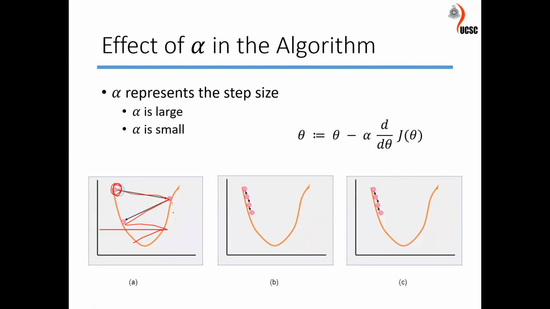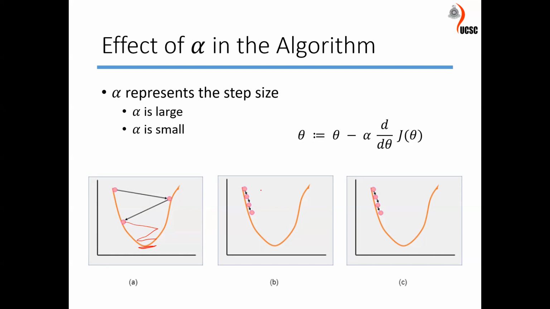At one point, theta was here, then you reduce a higher amount out of this theta, then it will go back to somewhere else like this. So this will jump like this, and at one point you will miss the exact bottom, that means you will miss the exact minimum, right?